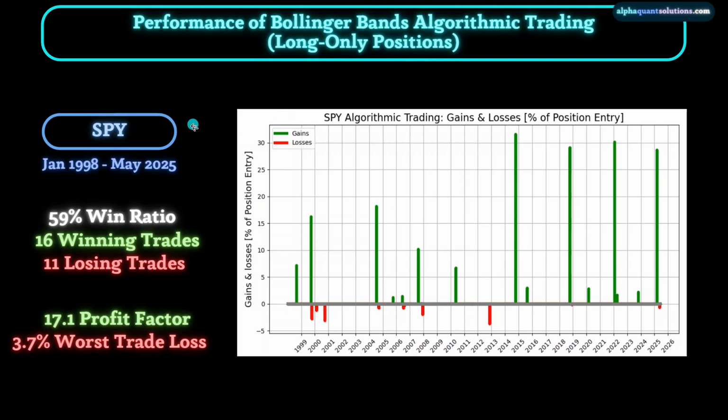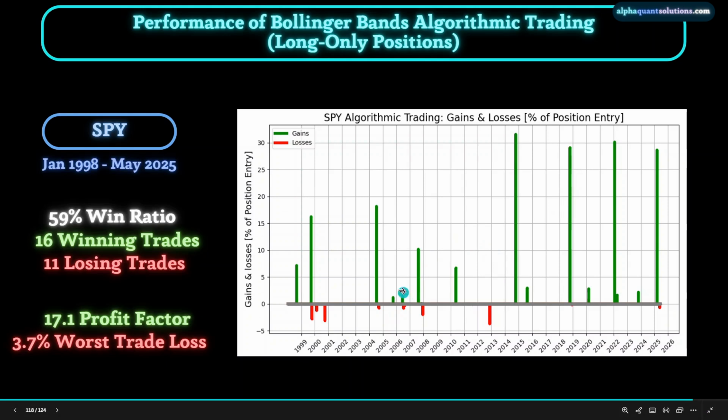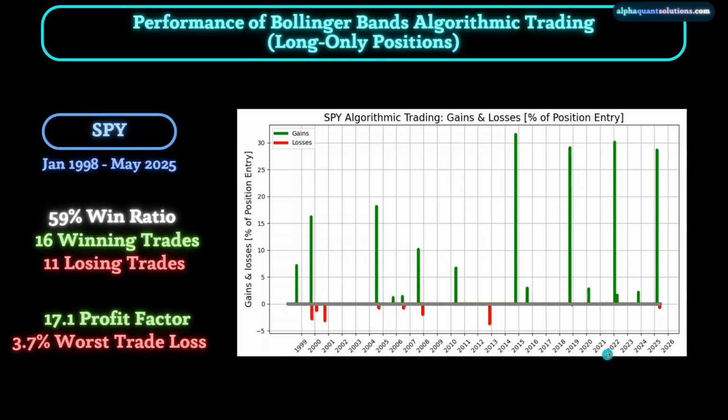Here we show the results of this algorithm on the S&P 500 ETF, the SPY, for the same time period, 27.5 years. And the graph on the right shows you exactly that. So the x-axis is years, and the y-axis shows gains and losses with the bars, the green gains and the red the losses. So we have here in total 27 trades, 16 winning, 11 losing.